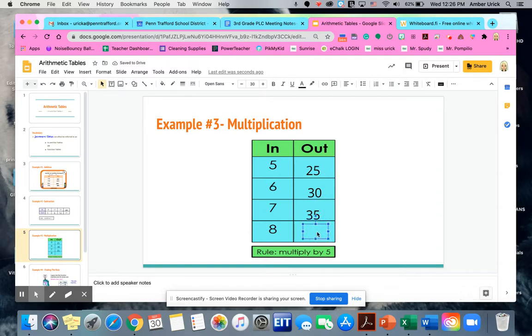What do you think 5 times 8 is? If you said 40, you're correct. Nice job. Do you see a pattern on the inbox side? 5, 6, 7, 8. Sometimes you'll see a pattern on both sides that's pretty easy to pick up on. Sometimes there'll be a pattern that's not so easy to pick up on.